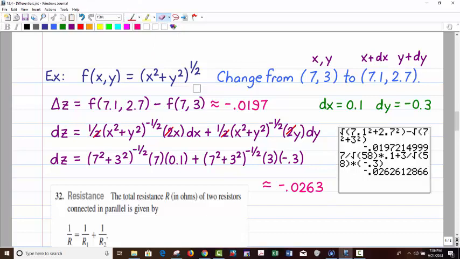We calculate f of the second point minus f of the first point. So it's f of 7.1 comma 2.7 minus f of 7 comma 3. I did that in one step in the calculator: the square root of 7.1 squared plus 2.7 squared, minus the square root of 7 squared plus 3 squared, and I got negative 0.0197.